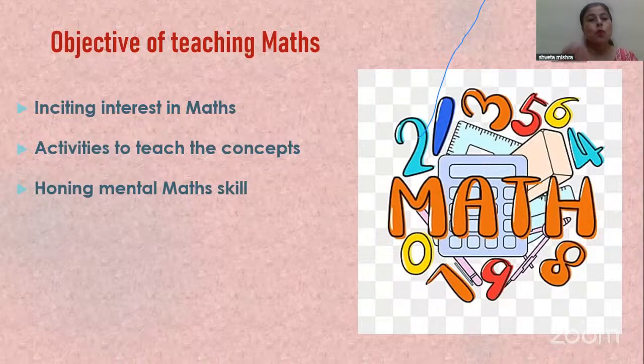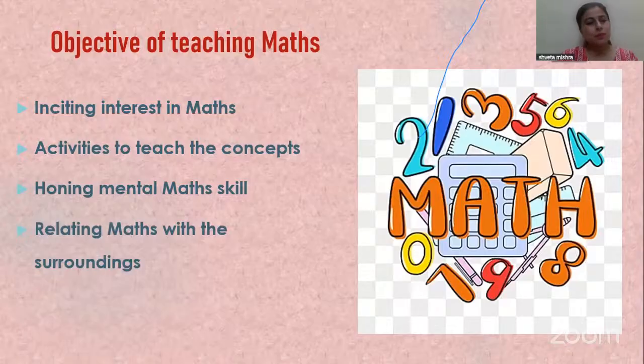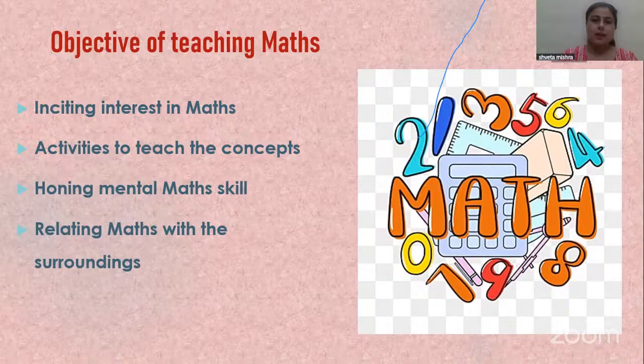We need to hone those mental math skills in the children so that they become better maths learners as well as application-based learners. Then relating maths with the surroundings. Definitely, whatever the student learns in the class, in the school, everywhere, it has to have some application with the surroundings.